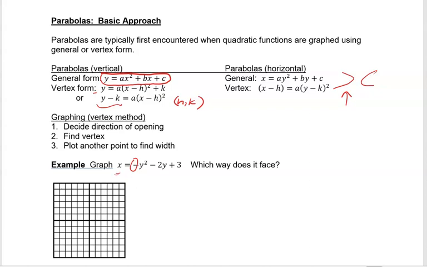You may be familiar with the vertex formula for functions, where the y is isolated. If we are trying to find the x-coordinate, which is h, that's given to be negative b divided by 2a, where b and a are coefficients. When we have a horizontal parabola, we're going to do something similar.